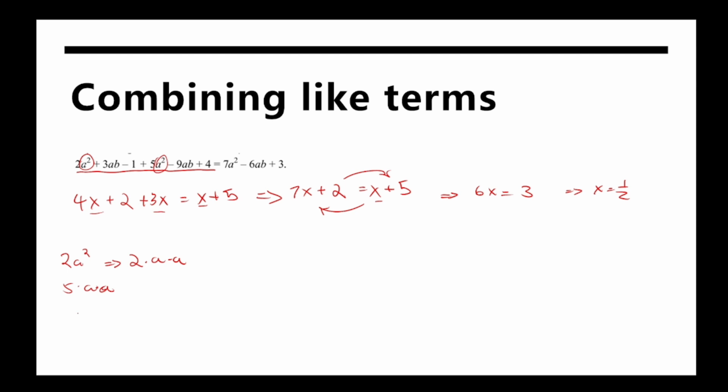Combining these two terms, we'll get 7a squared. Then moving on to 3ab and -9ab. This is 3 times a times b, and this is -9 times a times b, which gives us -6ab. Finally, combining the constant terms, they have 0 a's and 0 b's. Adding them together, we'll have +3.